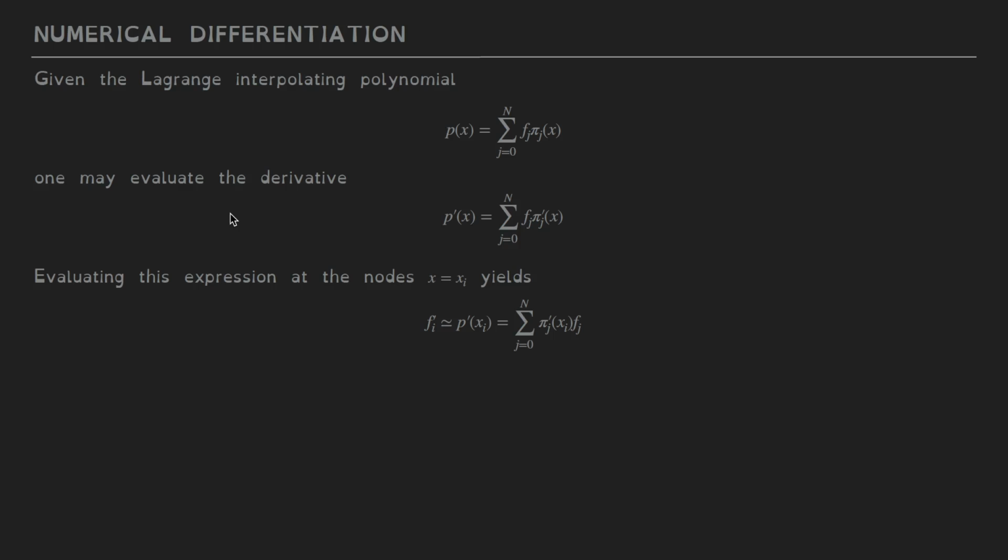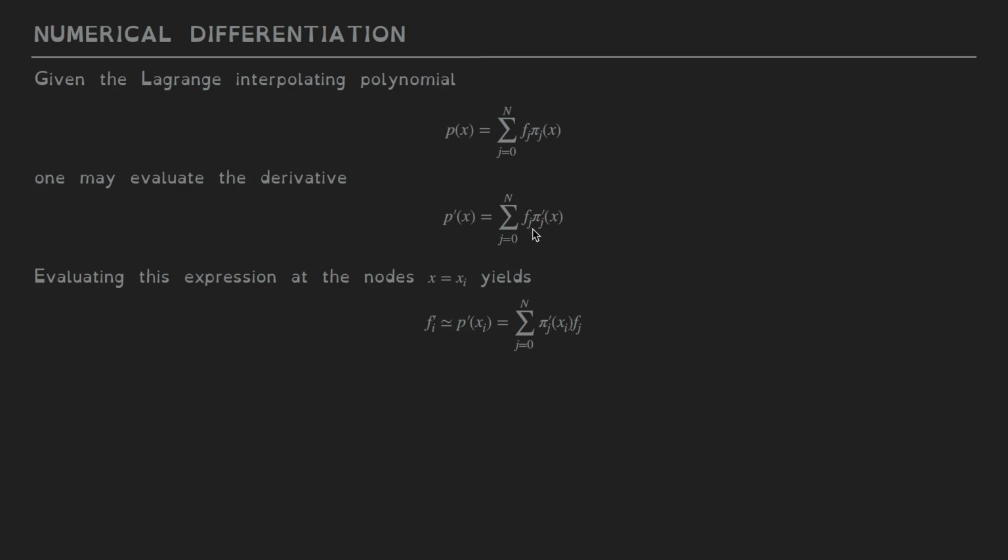and so on. In particular, given a Lagrange interpolating polynomial of this form, where fj are the data points, the function values at xj, and pj of x is the Lagrange basis polynomial that we discussed last time, one may evaluate the derivative p prime of x by simply taking the derivative of these Lagrange basis polynomials.